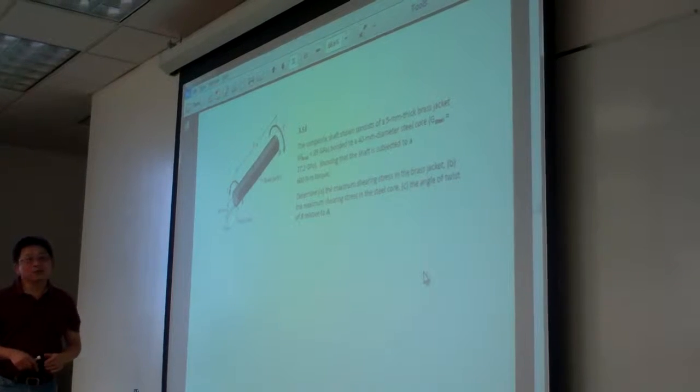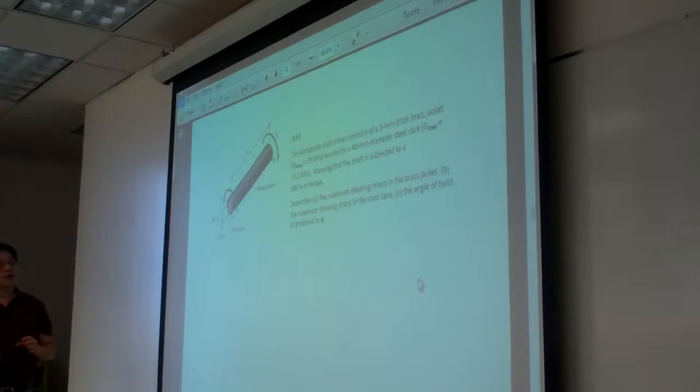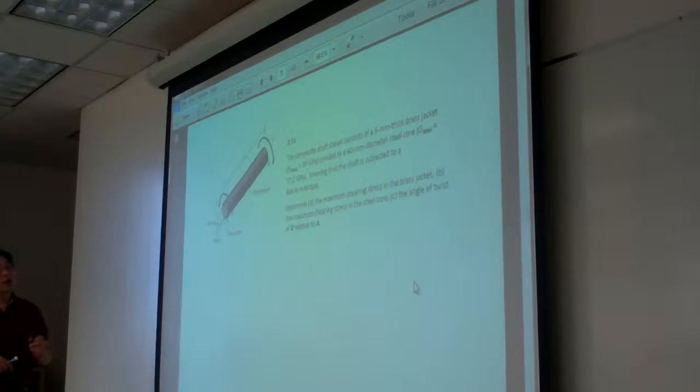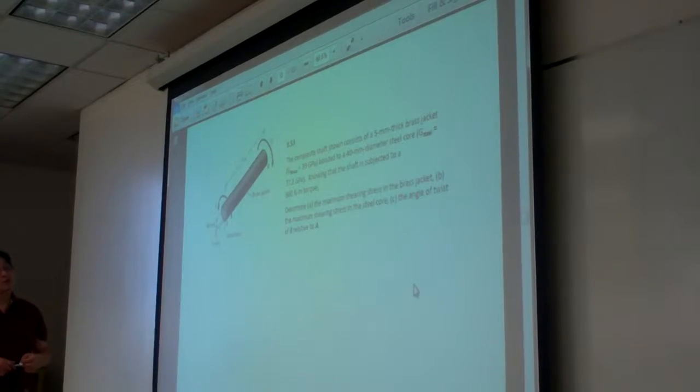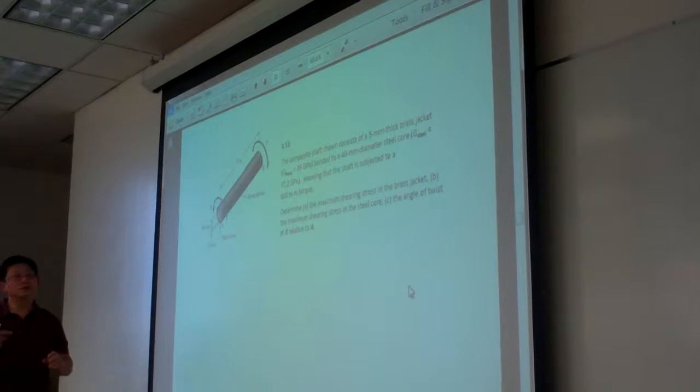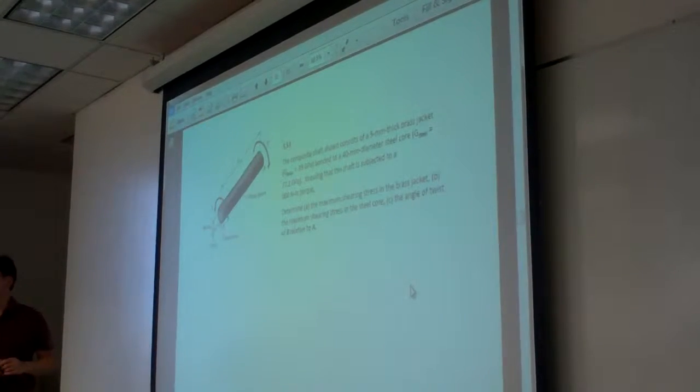Everything will be in static equilibrium. The compatibility equation for this one is that the angle of twist of the sleeve and the core should be equal.